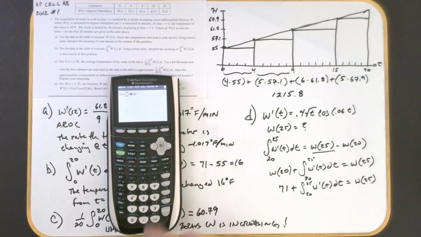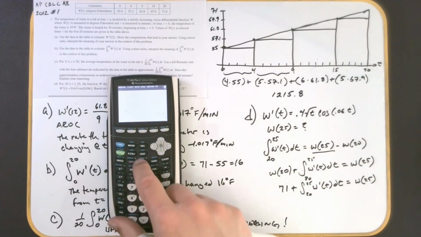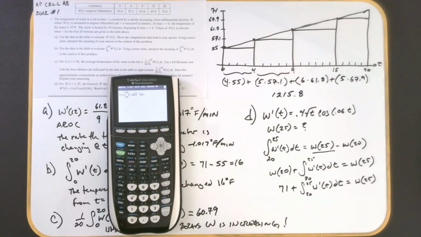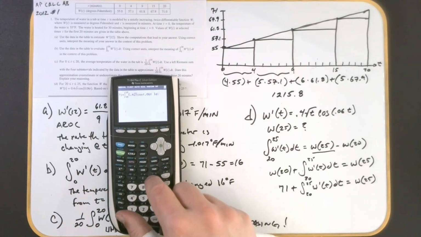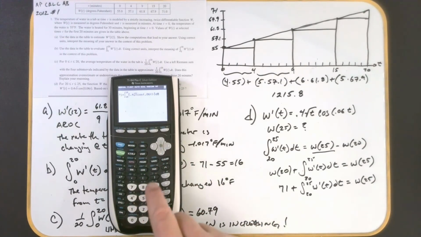Now I'm going to put in this wacky function here, 0.4 root t, or x for our calculator purposes, times cosine. Make sure your calculator's in radians, by the way, if you have to do this. And then we have 0.06 x, and our variable of integration is x.